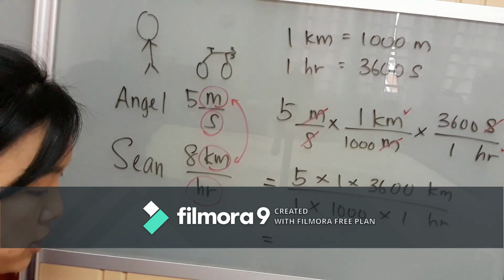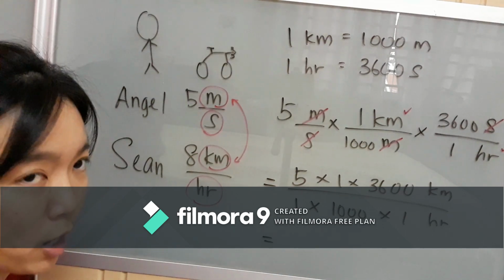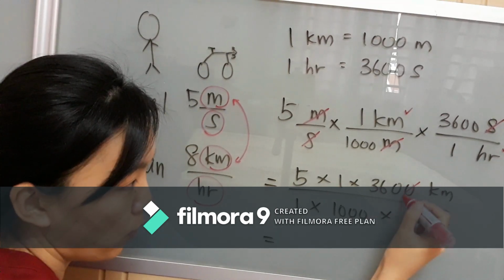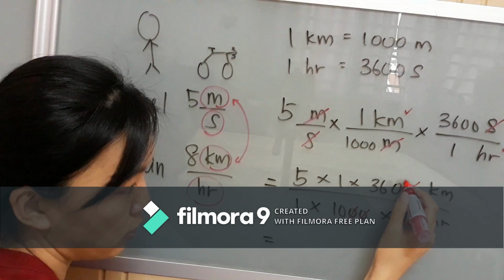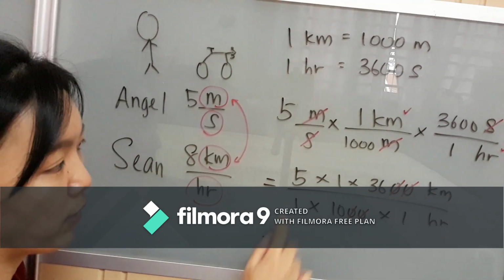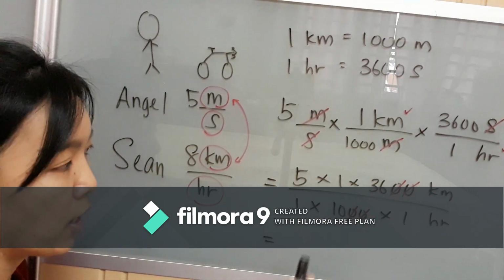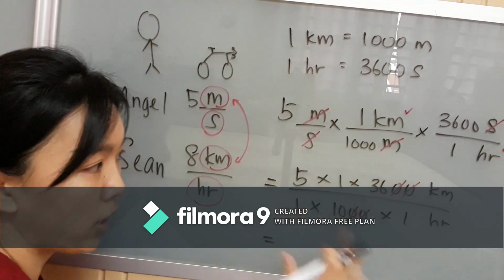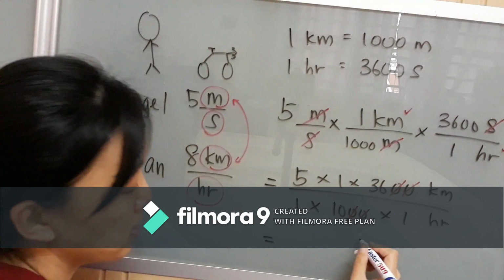The next step is very simple. I put everything into the calculator, or I can also use top and bottom slash off. You put 5 times 1 times 3600, divide by 1000 times 1. Put everything into the calculator, then you will get the answer.